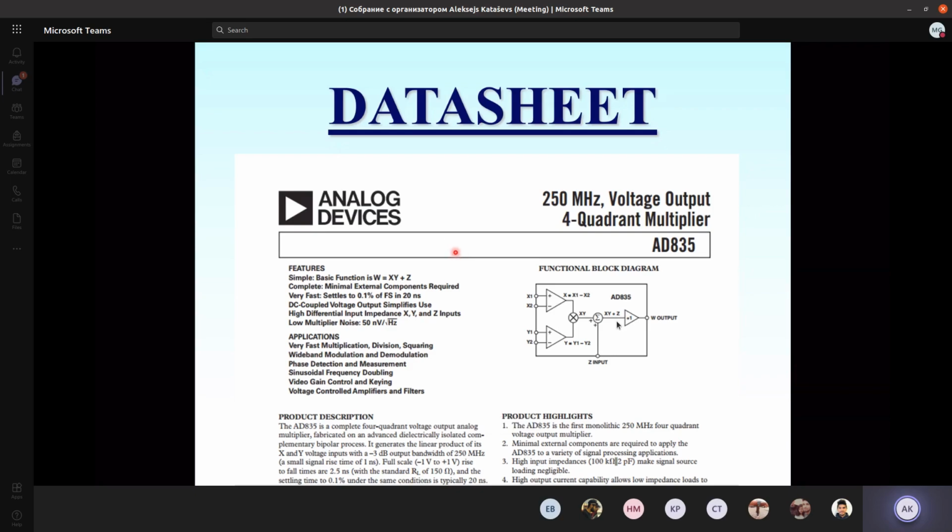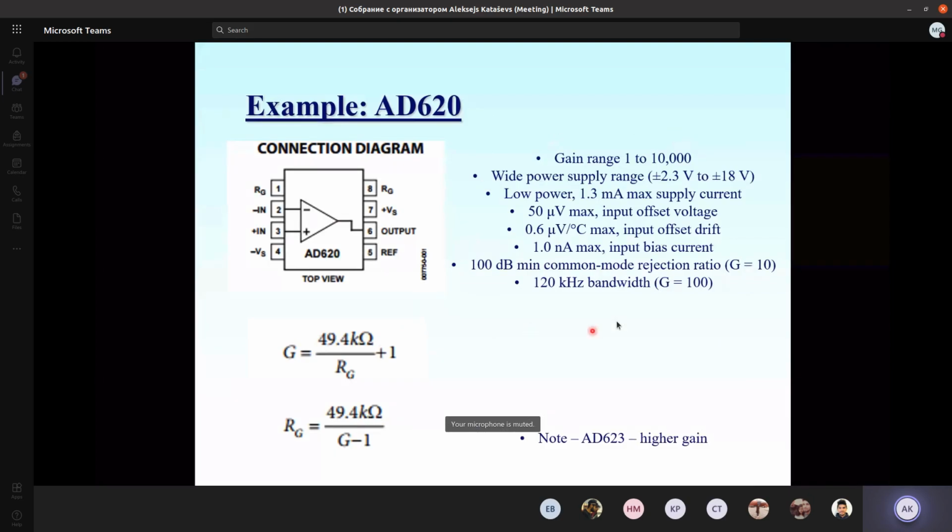The datasheet doesn't only contain all the details of the parameters of the amplifier, but very often it also contains typical circuits: how you should switch the device on, how you should connect it to work with it.